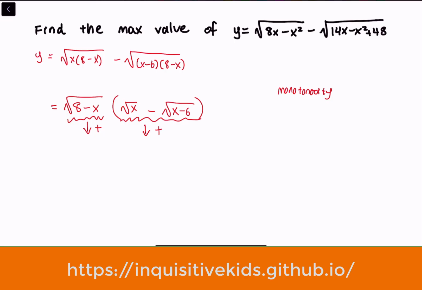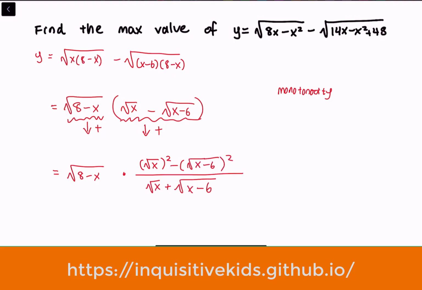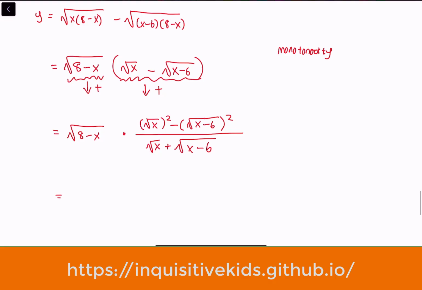So we can use another math trick, which is called rationalizing the denominator when we're dealing with square roots. y is equal to, we're going to use a square difference formula. Now we can rewrite. The numerator of this fraction is just 6. So now we can analyze. Again, this part, as x increases, decreases, but it stays positive.